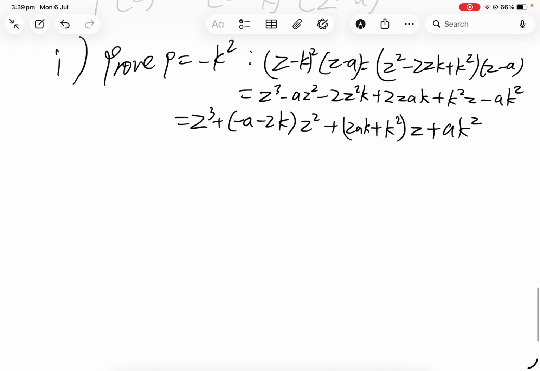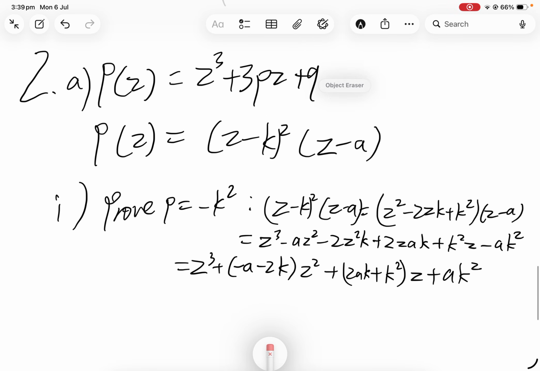So we put them inside the format like this one.